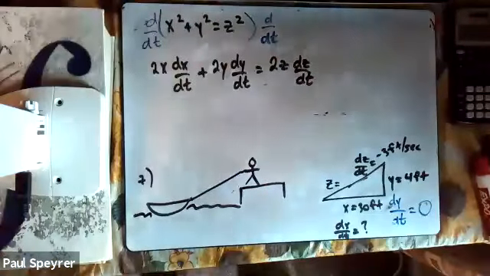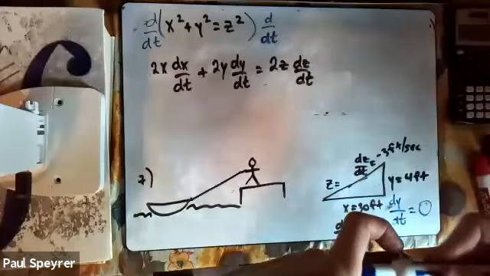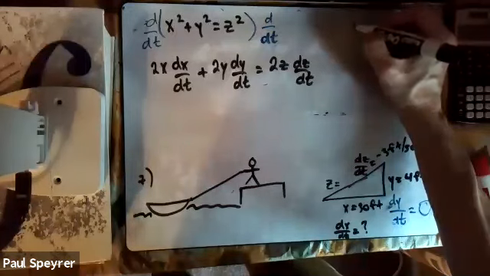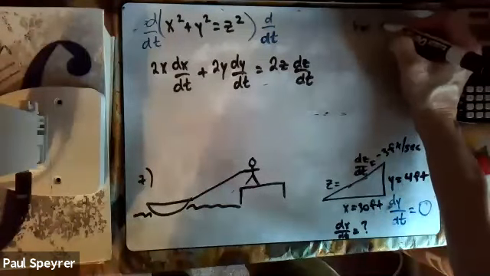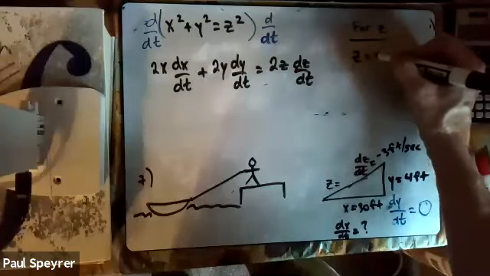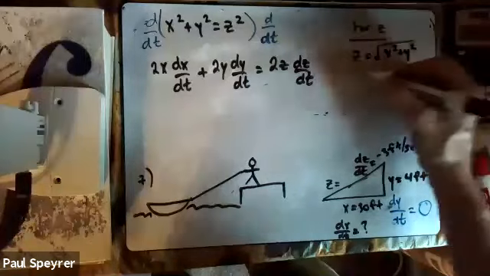But we're missing something, right? We need the z. How can we find z? You can find z with the Pythagorean theorem. Again, just like what we did in the last problem, z is equal to the square root of x squared plus y squared. It's the Pythagorean theorem.